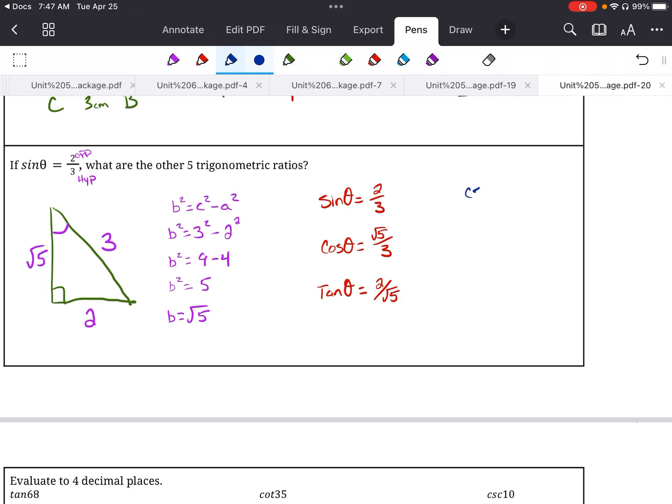And then we have cosecant, secant, cotangent. So again, we're just flipping those reciprocals upside down. And those are the other 5.